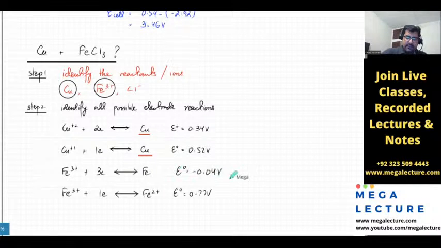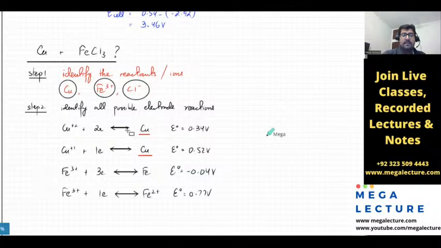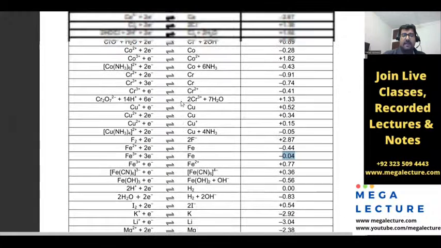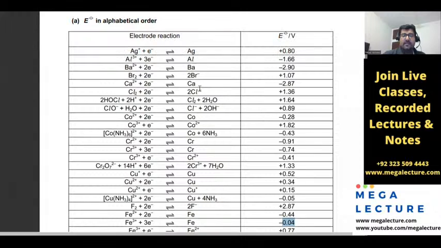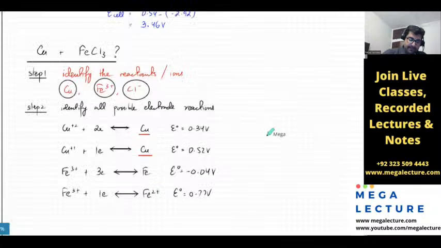And then the last one, we've got Cl minus 1 as well. So I'm going to write down the possibility for Cl minus 1. What could happen to it? If I go back and have a look, Cl minus 1 is somewhere over here. We've got Cl minus 1, and that's 1.36 volts, in equilibrium with Cl2. So let's write down that one as well.